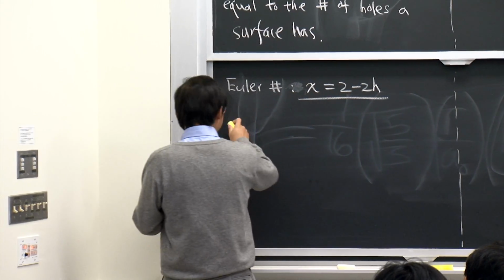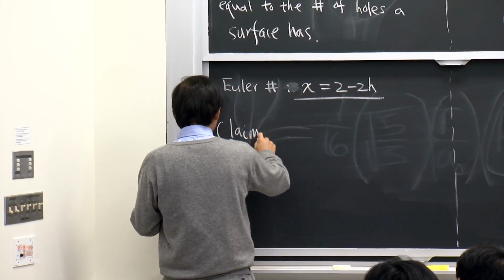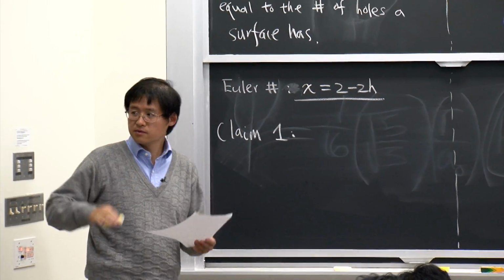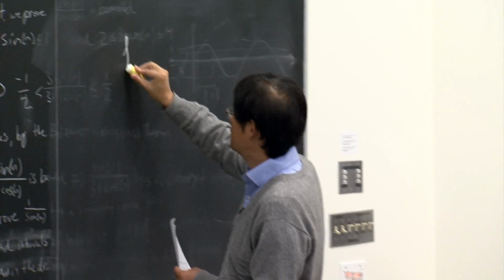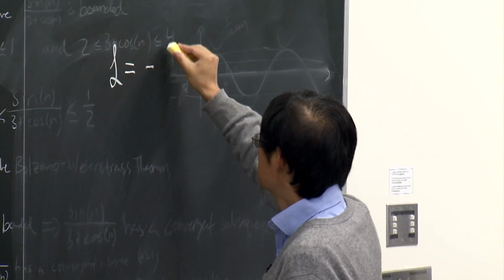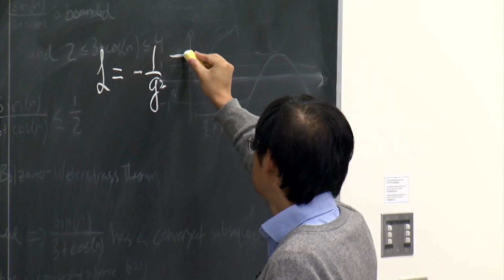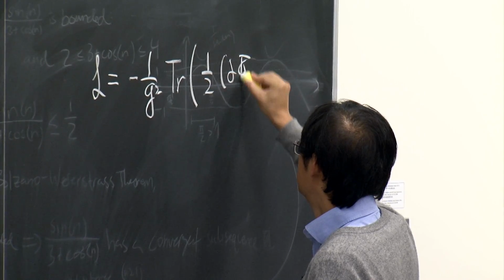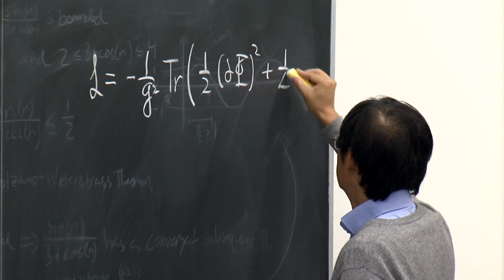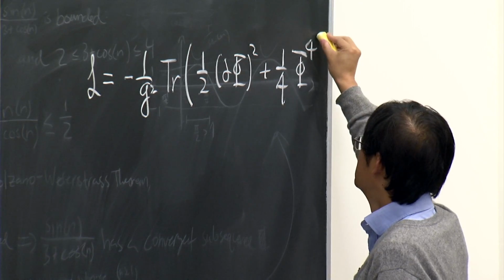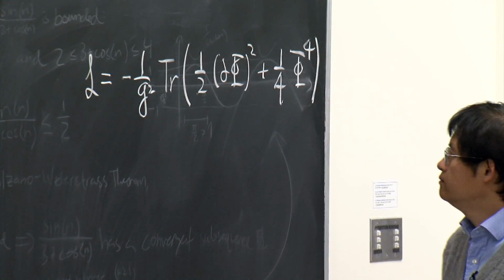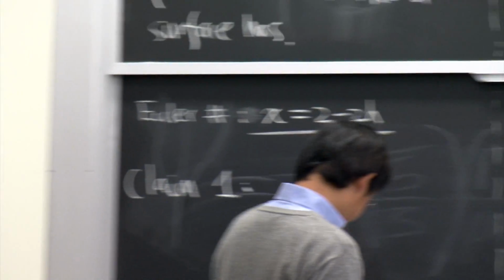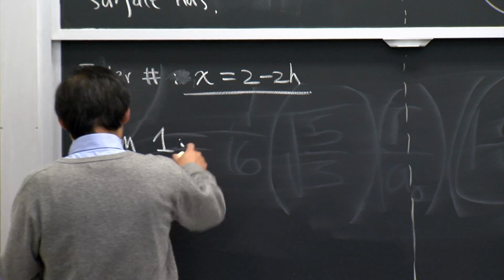So the claim one. This is regarding the structure of Feynman diagrams. Remember the example theory we considered last time was something like this, where phi is a Hermitian matrix. So now the claim.